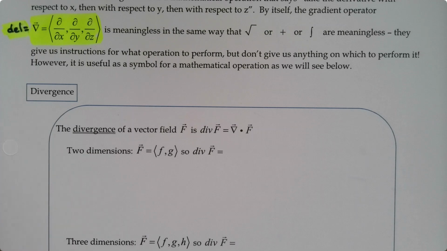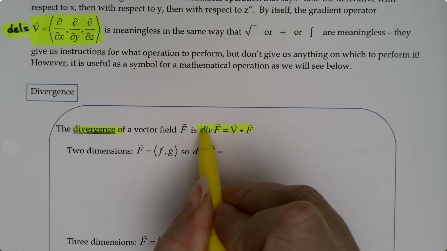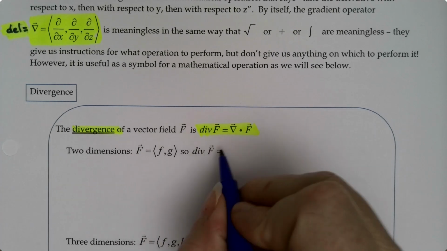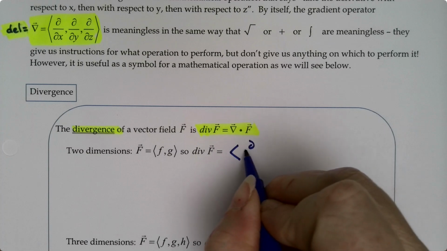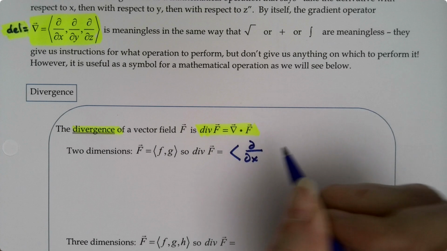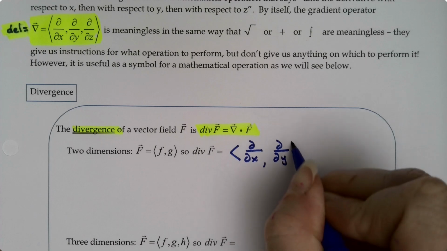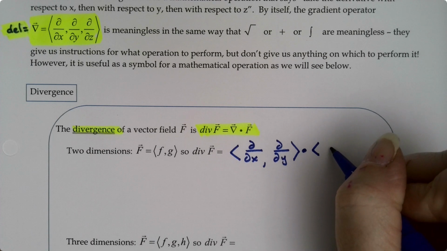So the divergence of a vector field is the del operator dot product with that vector field. Okay, so let's look at this. The del operator would be the partial with respect to x, and there's no function. That's why it doesn't do anything on its own. And then the partial with respect to y, dot product with f comma g.